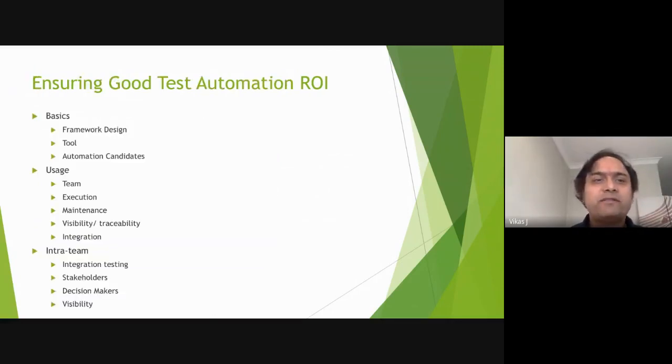Now, just a bit of reiterating the whole thing with a different visualization. To ensure good test automation ROI, you stick to the basics: create a good automation framework, design it very well with all the futuristic requirements in mind, with the big picture in mind, pick the right tool, and pick the right automation candidates.